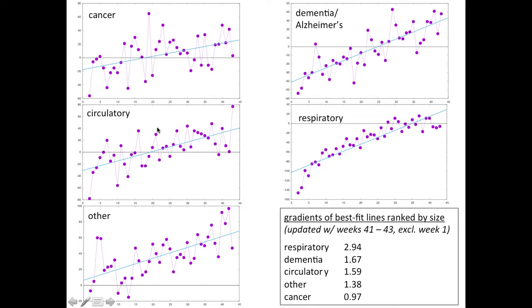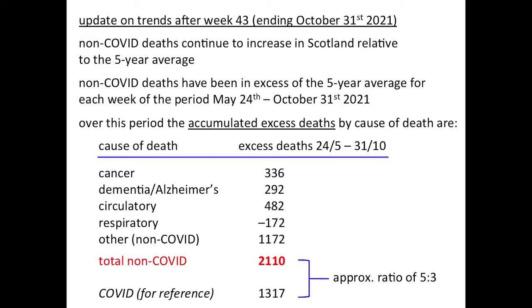If I add up the number of circulatory deaths for each of the weeks in this period, it will give me a net number of excess deaths in that cause of death category, and I can do that for all 5 non-COVID causes of death categories. And here are those numbers, and just to, at the risk of being tiresome, emphasize, it's for this period, week 21 to 43, late May through end of October.